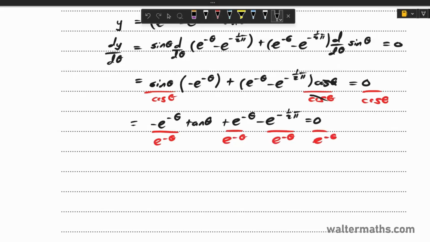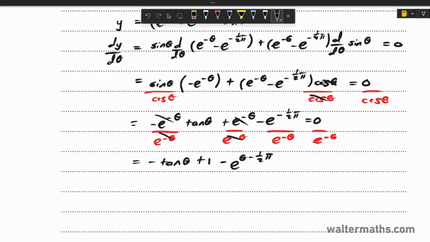And when we do, here we will remain with minus tan theta, and here we will get 1, and here we will get e to the theta minus a half pi if we subtract the powers, since we are dividing and the base is the same.